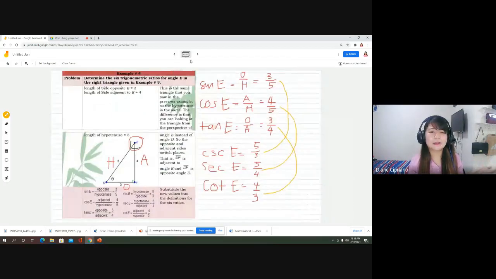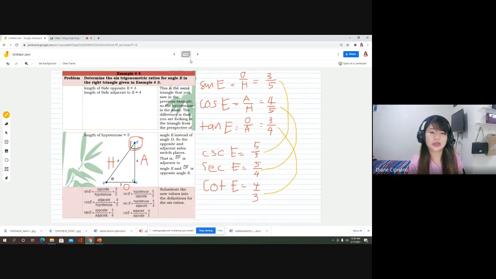So what if, ma'am, the other side of the right triangle is not available? You need to get the side first using the Pythagorean theorem, and proceed with the 6 trigonometric ratios.